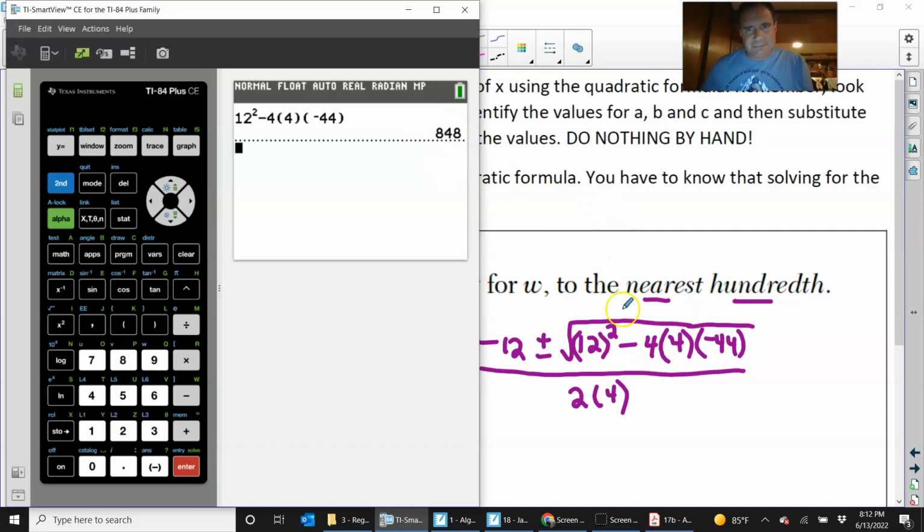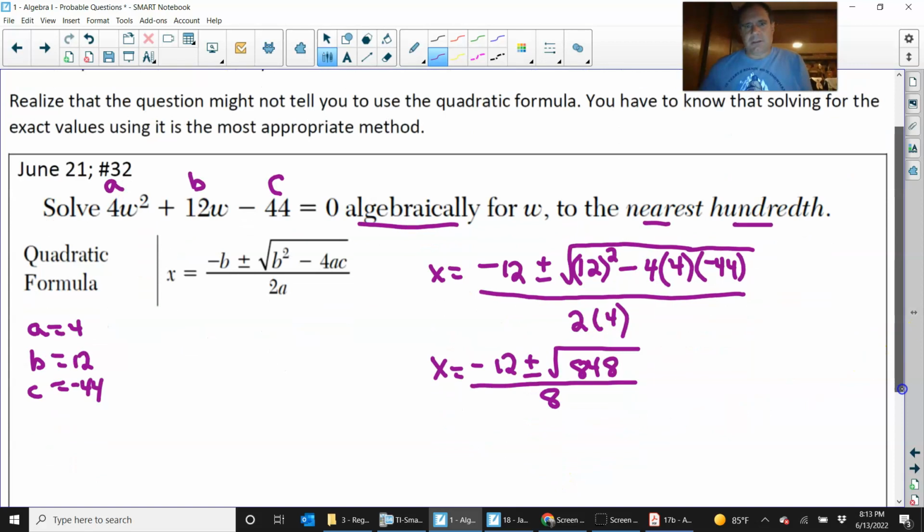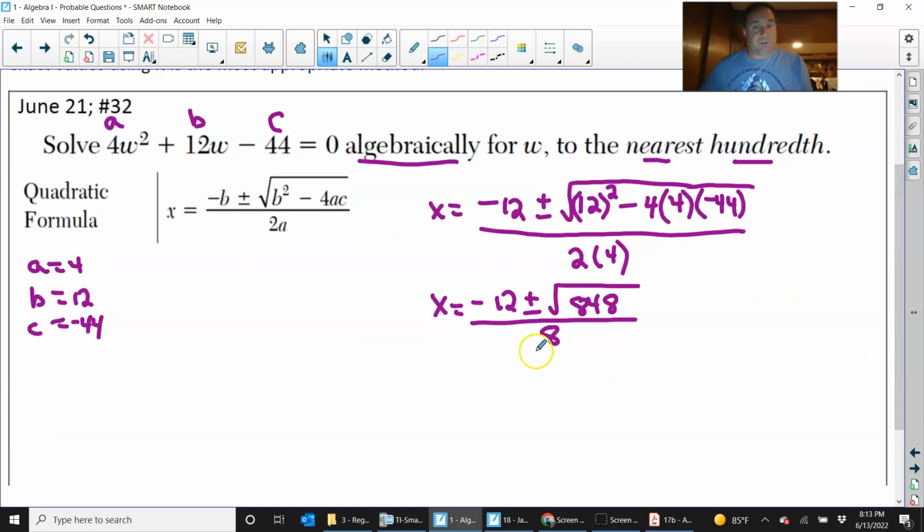Did I do any of this by hand? No. So it is 848, so I'm going to rewrite x equals negative 12 plus or minus square root of 848 divided by 8. So I'm going to split this up.